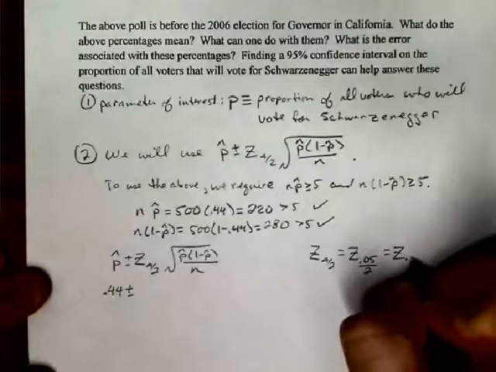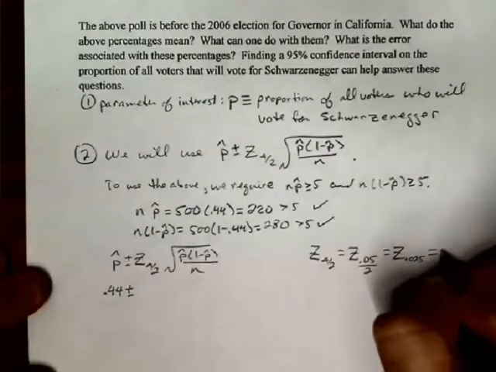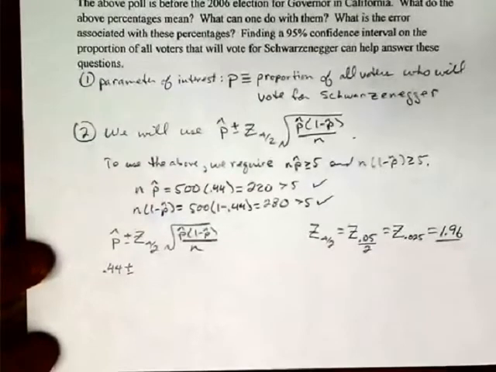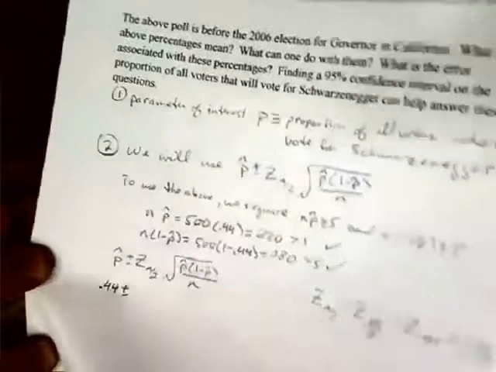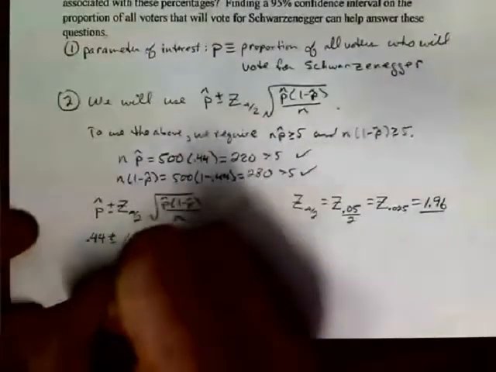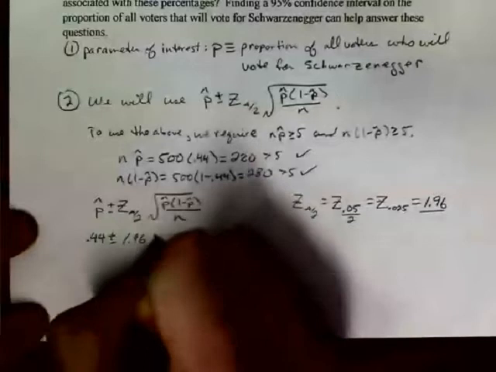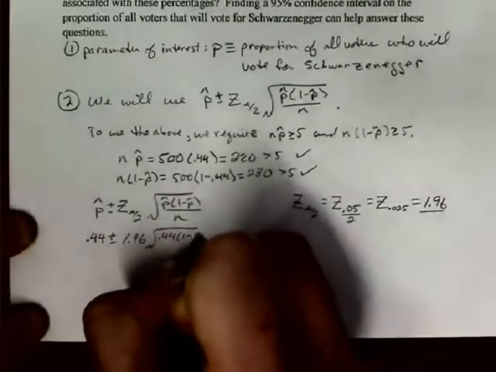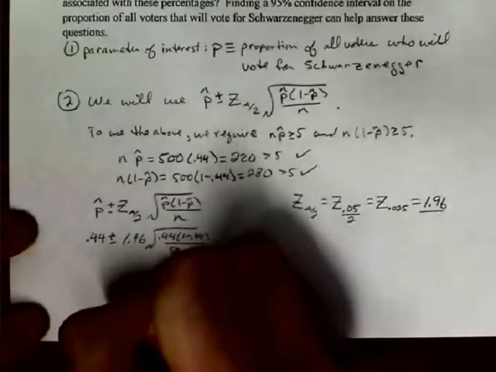That's z sub 0.025, and we've done this before, and hopefully you've seen this enough to know that that z percentile is 1.96. So, plugging in, we got 1.96 times the square root of 0.44 times 1 minus 0.44 over 500.